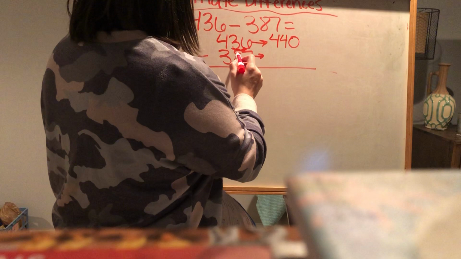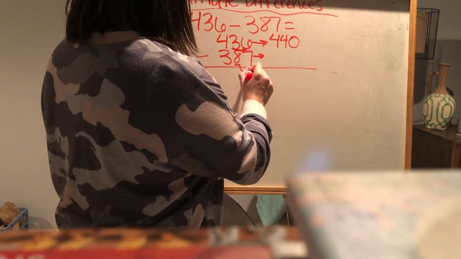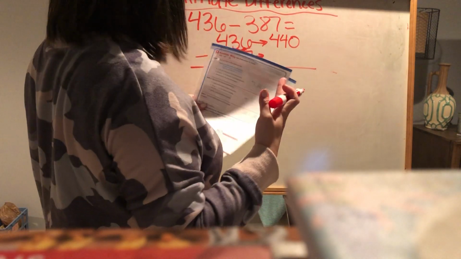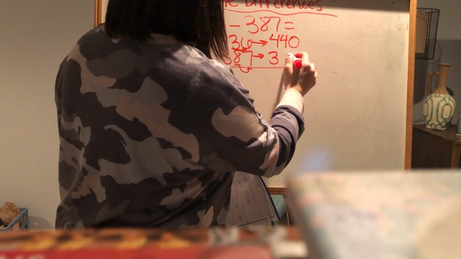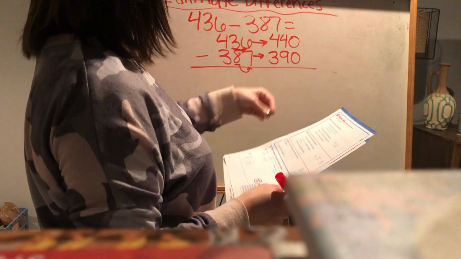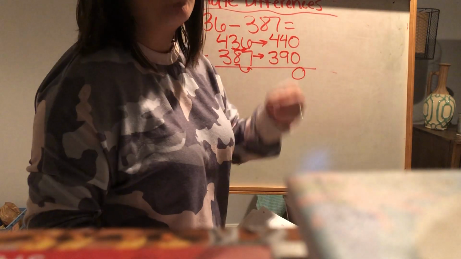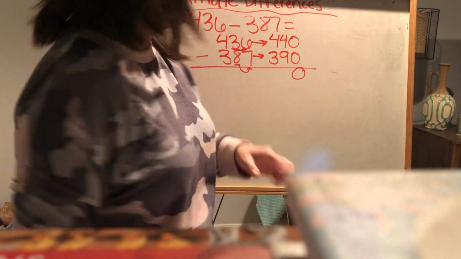Now, here's 387. We're looking at our tens place. We go to the number next door, which is a 7. A 7 is above a 5, so we're going to round up. So 387 will round to 390. Now, you can mentally subtract this in your head. So we have 0 minus 0. Remember, I always say if you have zeros or a 5 in your ones place, it is much easier for you to do mentally.